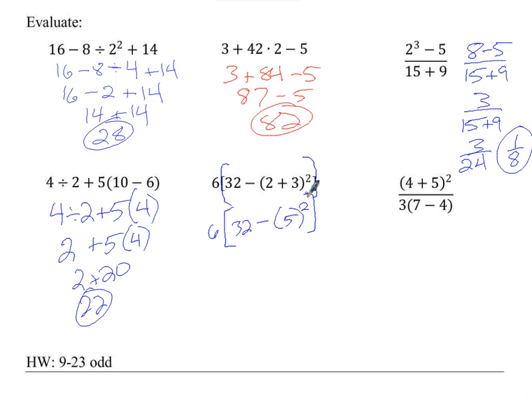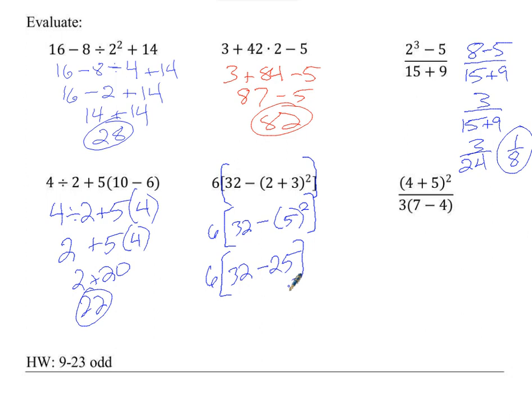So what comes next? The exponents. Now keep in mind, we're in this group right now, so I'm only looking at what's here. Exponents within this group, do we have any? Yeah, the 5 squared becomes 25. So I'm going to write the 6 on the outside, the bracket, the 32, and then minus the 5 squared, which is 25. Close the bracket.